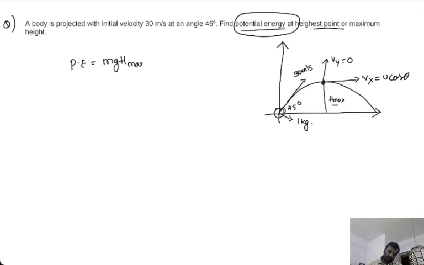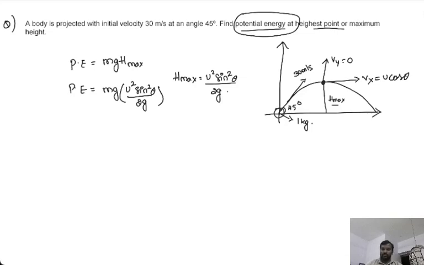Then the potential energy PE is equal to mg into h max. The maximum height formula is u squared sin squared theta divided by 2g. In the place of h max, substitute u squared sin squared theta divided by 2g.